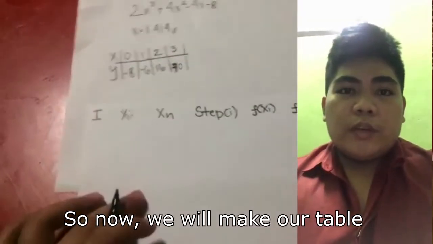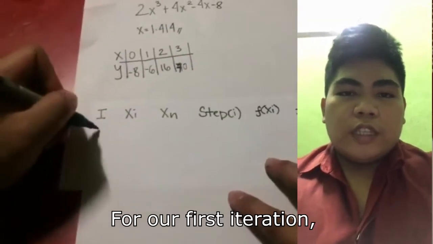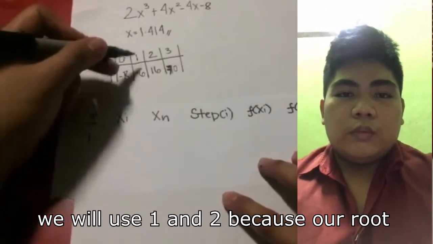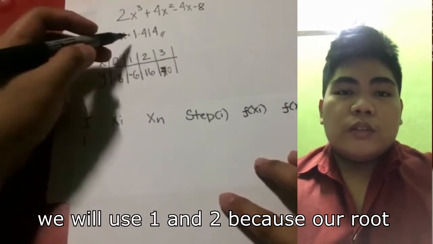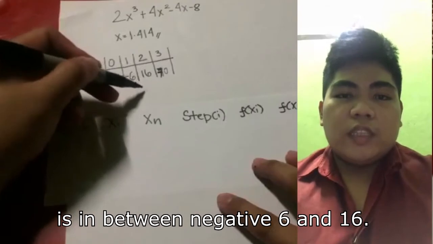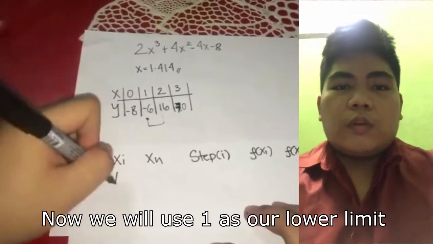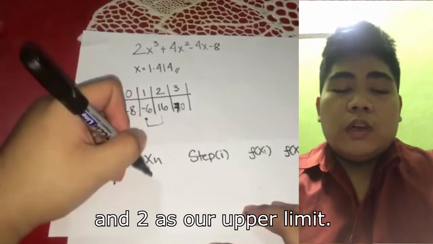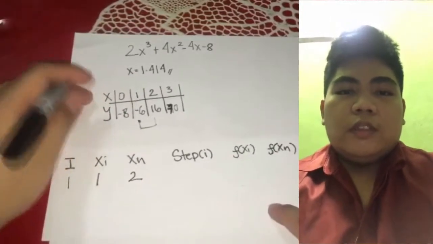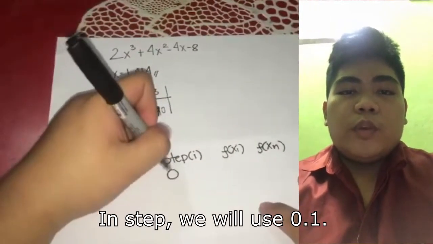So now we will make our table. For our first iteration, we will use 1 and 2 because our root is in between negative 6 and 16. Now, we will use 1 as our lower limit and 2 as our upper limit. In step, we will use 0.1.